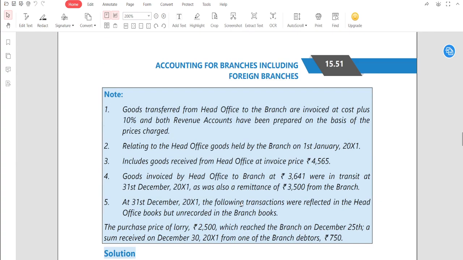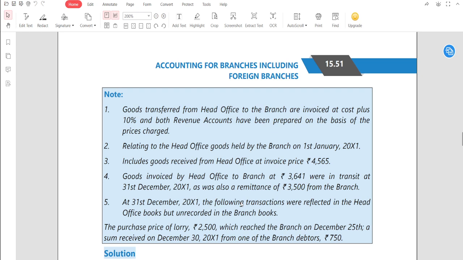First, see how I am going to go forward with respect to the question. First I make the ledger accounts, then I plot all the opening balances. Now my step is to record all the transactions that have not been recorded through the notes. Goods transferred from HO to branch at cost plus 10%, and the revenue account has been prepared on the basis of the price charged.